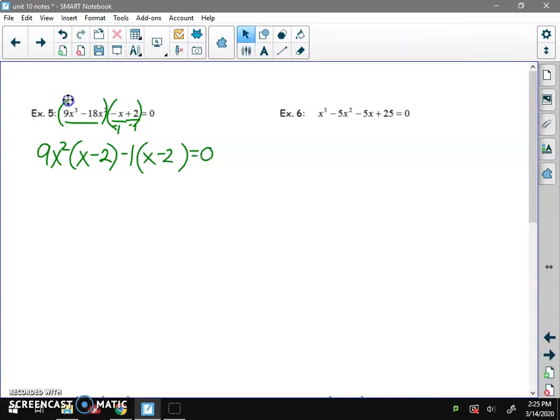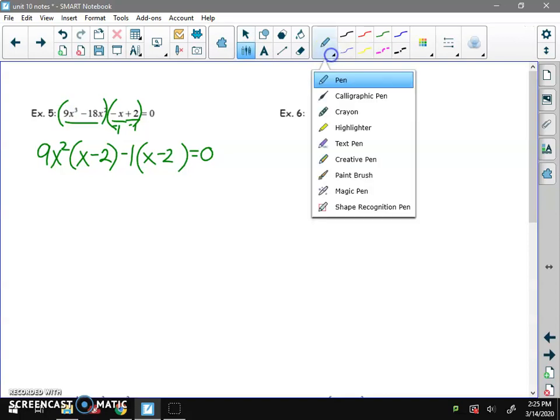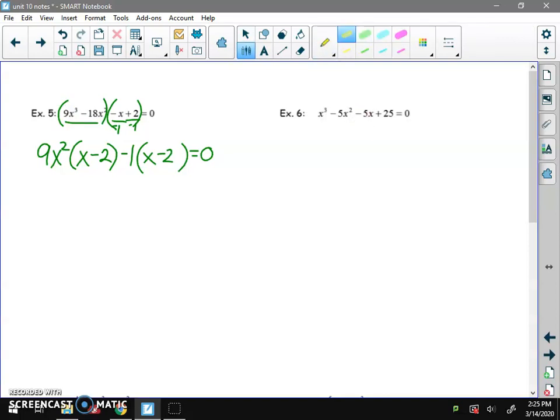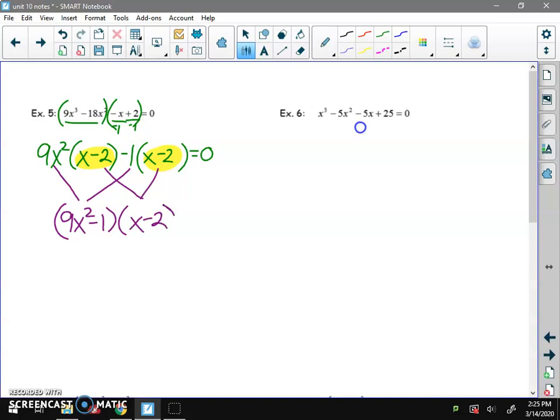If you remember, when you're factoring by grouping, when you get your first set of factoring done, these 2 things have to match. If those didn't match, something went wrong. So the ones that got kicked out and the ones that got brought out in front make their first factor, 9x squared minus 1. The ones that matched make the second factor, x minus 2 equals 0.